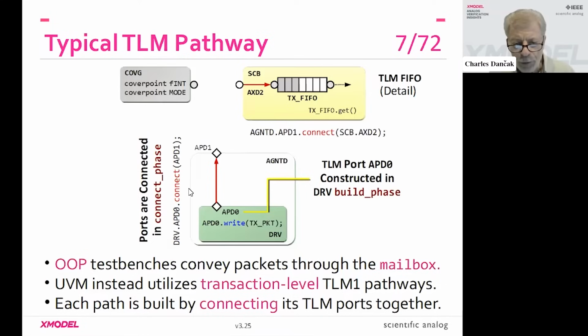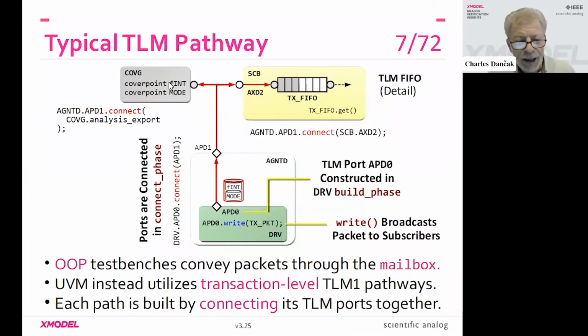Then we continue. We connect more TLM ports together. This is an export, a little round circle, and we've hooked that up. And finally, because this coverage object is derived from the subscriber-based class, it has a built-in export with this fixed name.